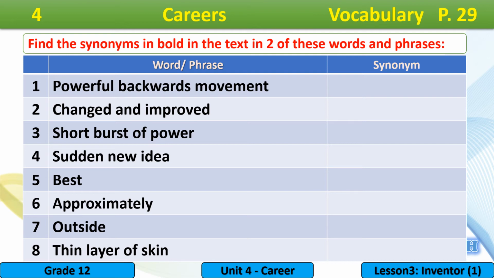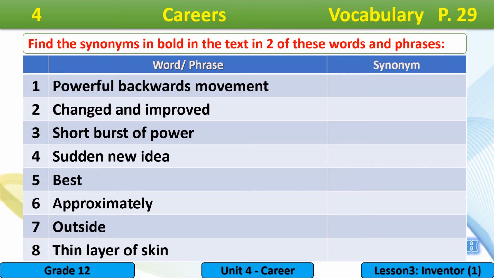Number 1, powerful backwards movement. Number 2, changed and improved. Number 3, short burst of power. Number 4, sudden new idea. Number 5, best. Number 6, approximately. Number 7, outside. And number 8, thin layer of skin.